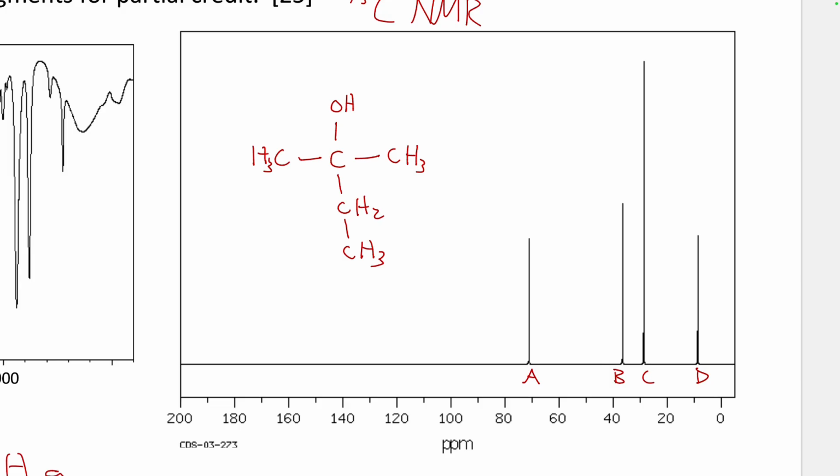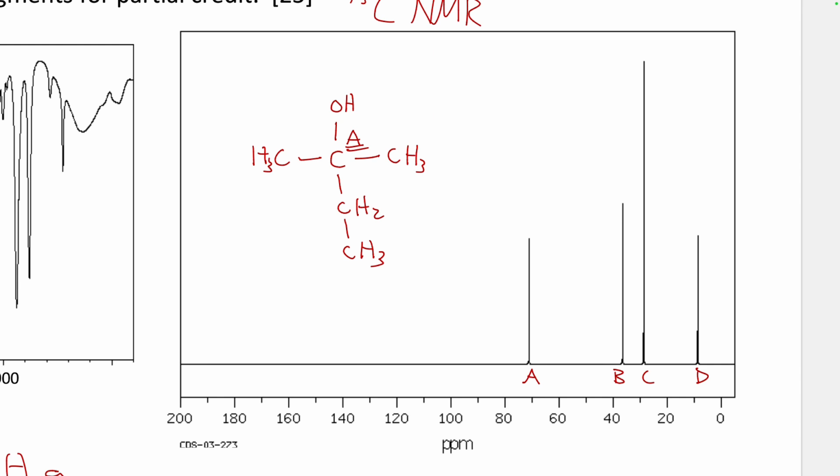Based on that, A being the most de-shielded, that's the one that's attached to the oxygen directly. Then we've got 3 carbons here, here, and here that are one carbon removed from the oxygen.